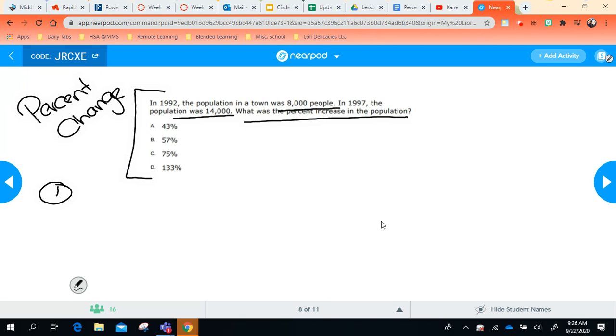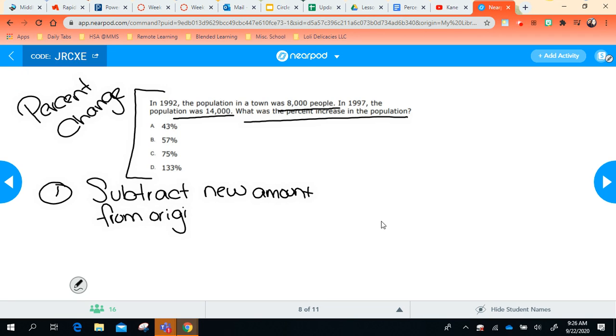So we're going to start by subtracting our new amount from our original amount. So 14,000 minus 8,000.